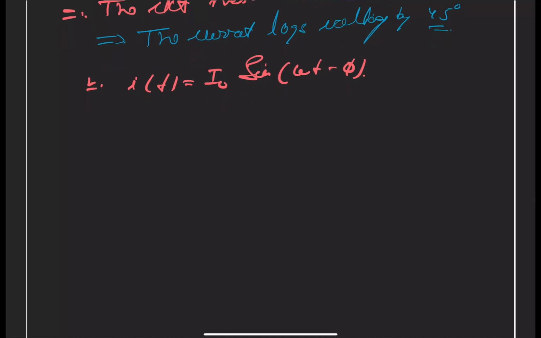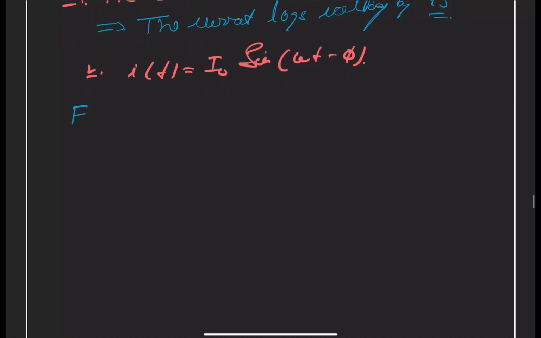For one full cycle, our T is equal to 1 upon f. So this gives us 1 upon 50, giving us 0.02 seconds.